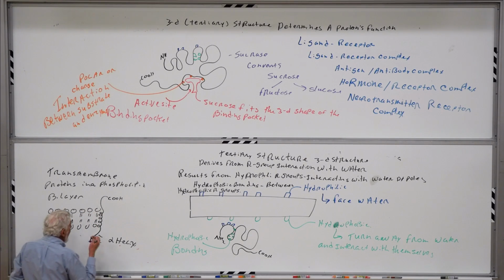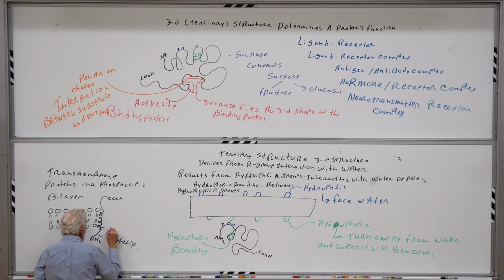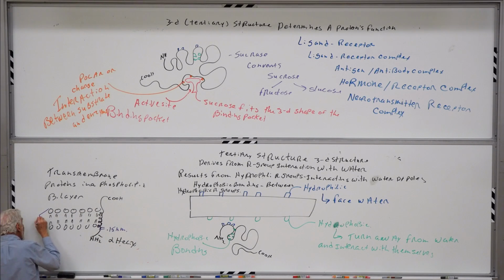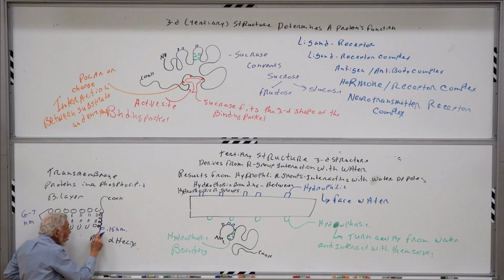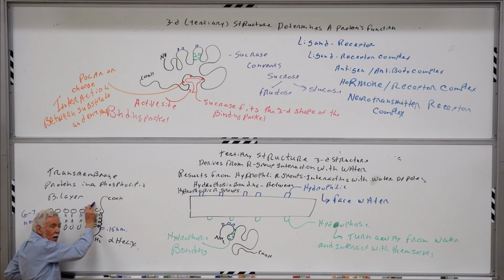It's going to have a sequence of amino acids. It's going to have the hydrogen bonding. Each of these amino acids is going to step one to the next of 0.15 nanometers. The thickness of a phospholipid bilayer is usually 6 to 7 nanometers. So that means it's going to take 40 or more of these amino acids, one to the next, to form the spiral staircase to go across the phospholipid bilayer.